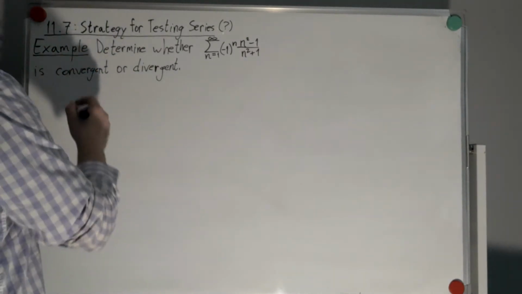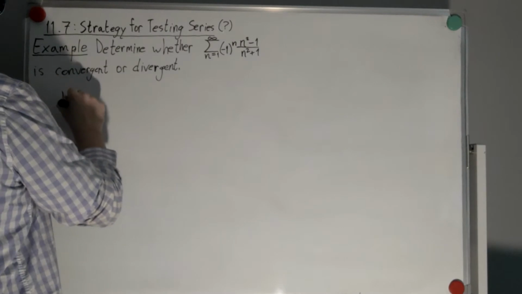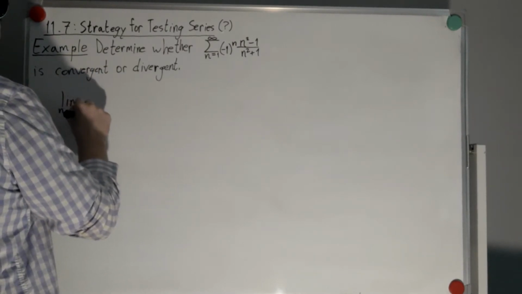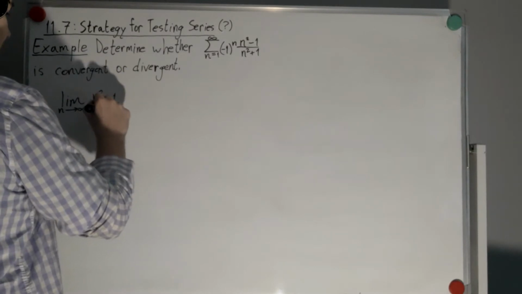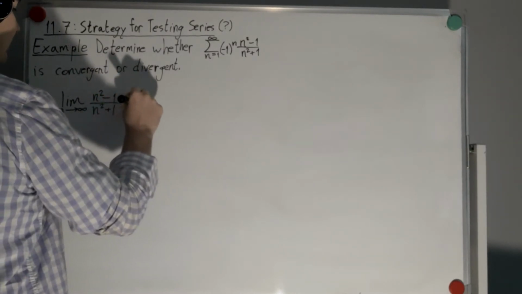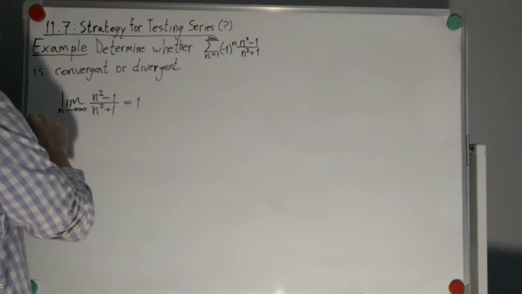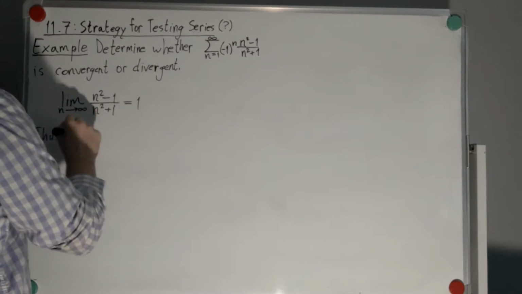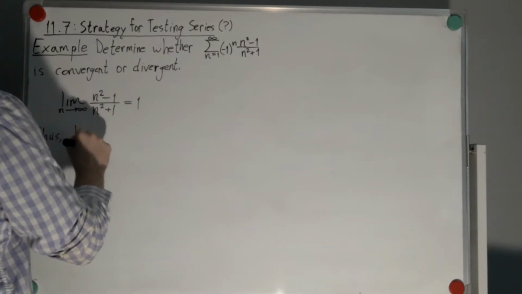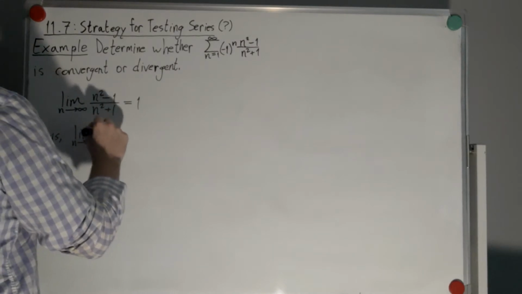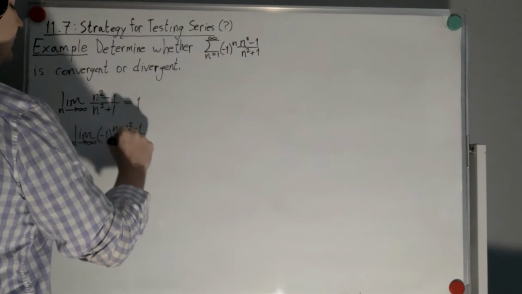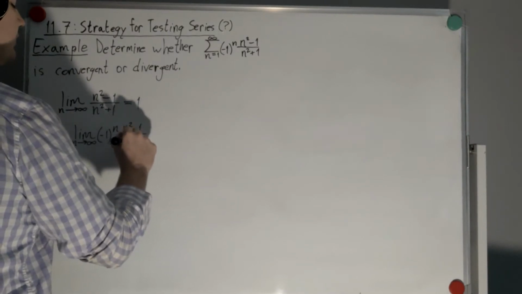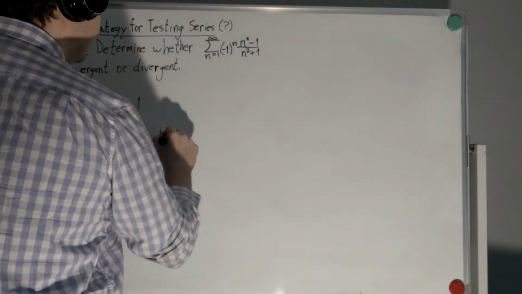On the other hand, the limit as n approaches infinity of n squared minus 1 over n squared plus 1, well, we know that that's 1, so therefore the limit as n approaches infinity of negative 1 to the n times n squared minus 1 over n squared plus 1 does not exist.